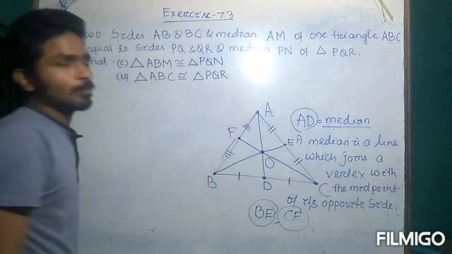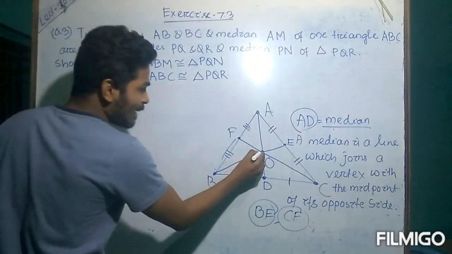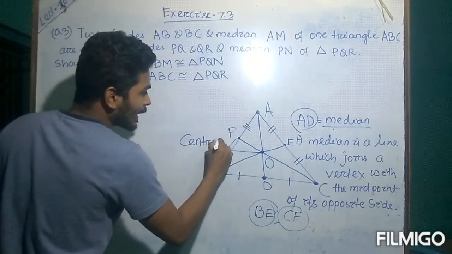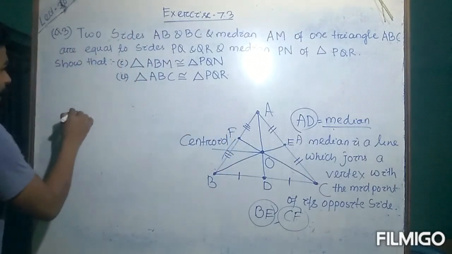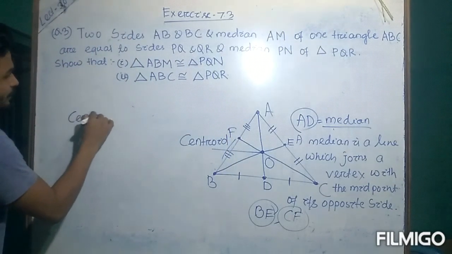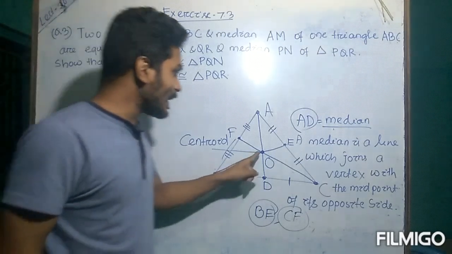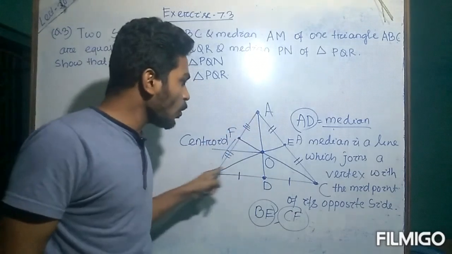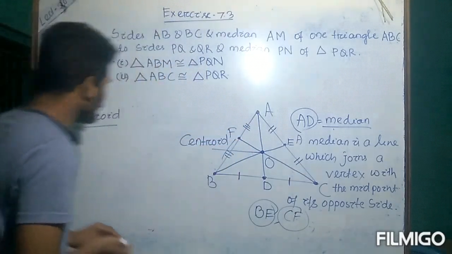Suppose the point is O. Then what is the name of this point? The name of this point is centroid. So let us write the definition of centroid. A centroid is a common point where all the medians of a triangle meet or intersect each other. Understood?